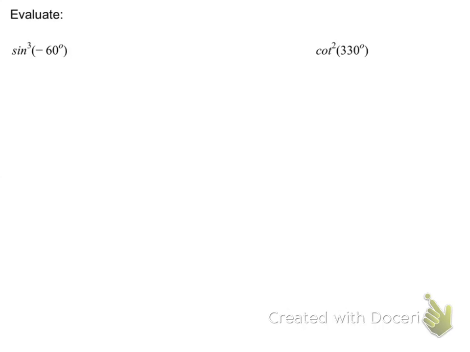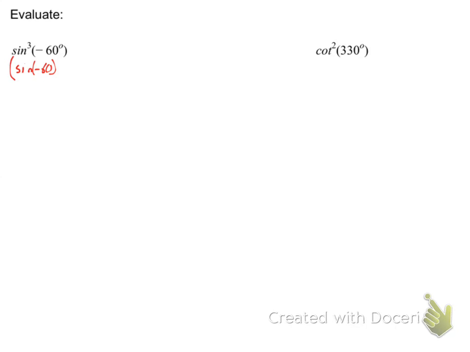Now, this is how I am going to have you guys approach your problems. I'm starting things off this way because that way there's no confusion, because this one's already got a set of parentheses. I'm going to show you the other option for writing it right underneath it. And we could write this as sine of negative 60, because that's what it is.